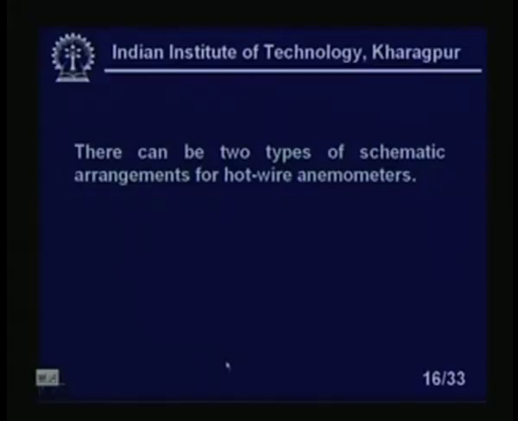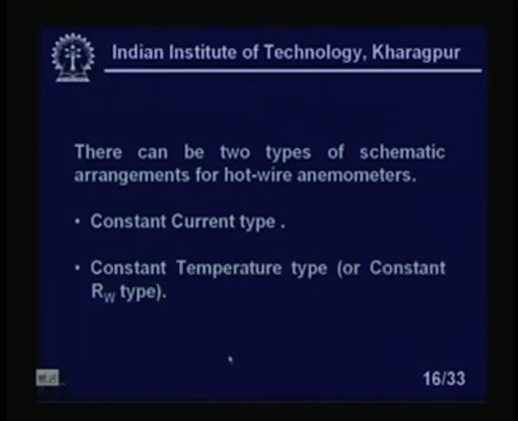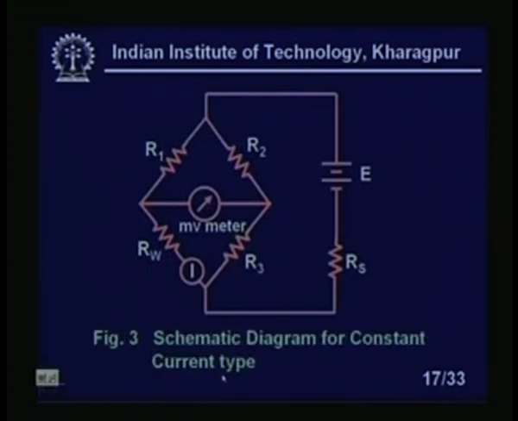There can be two types of schematic arrangement of hot wire anemometers: either constant current or constant temperature, that is, constant RW type. In the schematic diagram of the constant current type, you see that initially we are taking all the resistances equal, R1, R2, R3 and RW, and this RS is quite high, and we can measure the current which is passing through this hot wire.